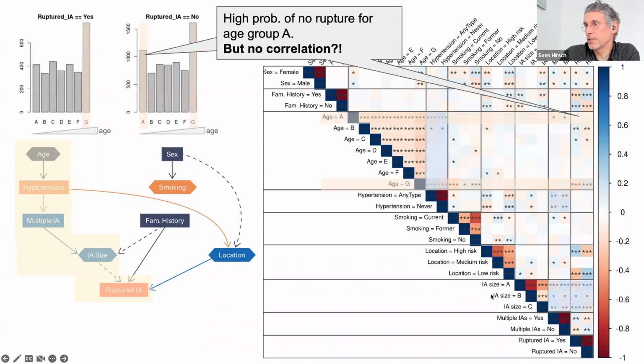Multiplicity is correlated to size, and size is correlated to rupture. So when you step through this correlation matrix, yes, it is also there. But from a pure correlation, you would also see that age would obviously be correlated to rupture if you just look at the individual factors.